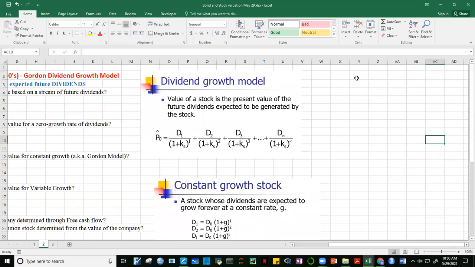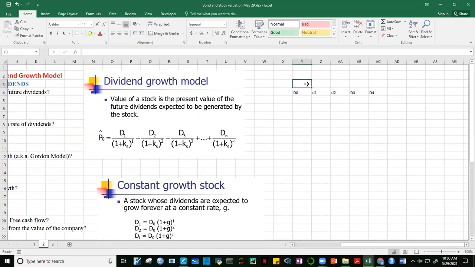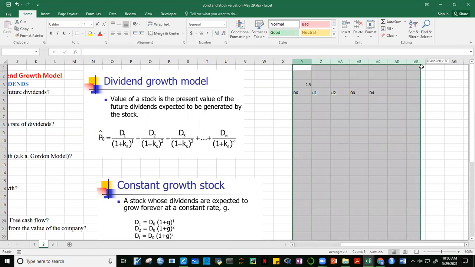So assume, guys, let's plot, for example, we have our dividend here. So that's D0, D1, D2, D3, D4, etc. Suppose the company estimates that the dividend now is, let's say, 2.5, okay? 2 pesos 50 centavos.